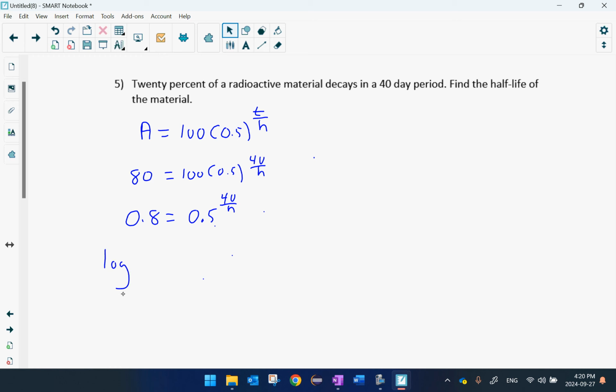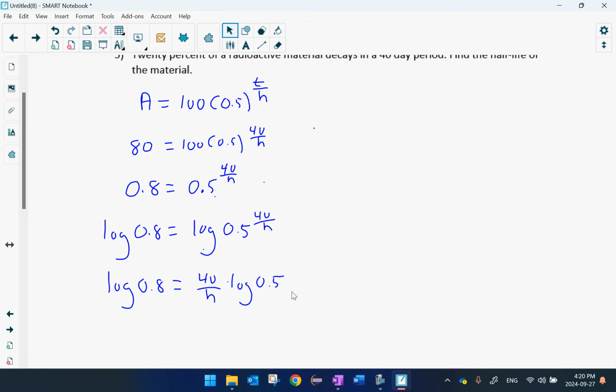Take the log of both sides. Just like that. Okay, bring the exponent down. Like so. Okay, and now we're ready to solve. So I want to get h on its own.